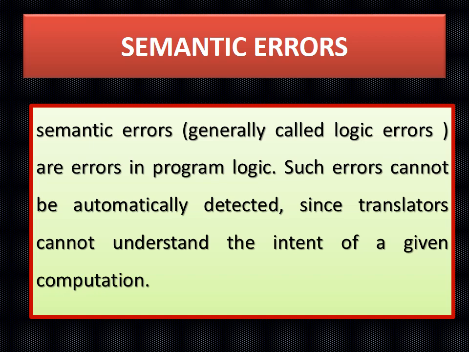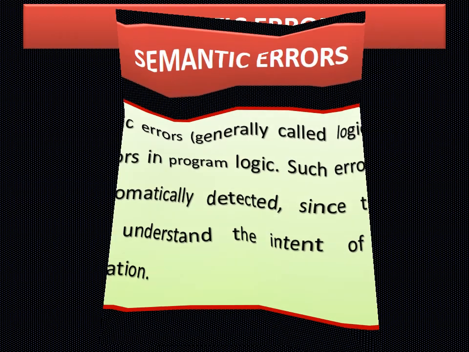Syntax errors are caused by invalid syntax. In contrast, semantic errors, generally called logic errors, are errors in program logic. Such errors cannot be automatically detected, since translators cannot understand the intent of a given computation.